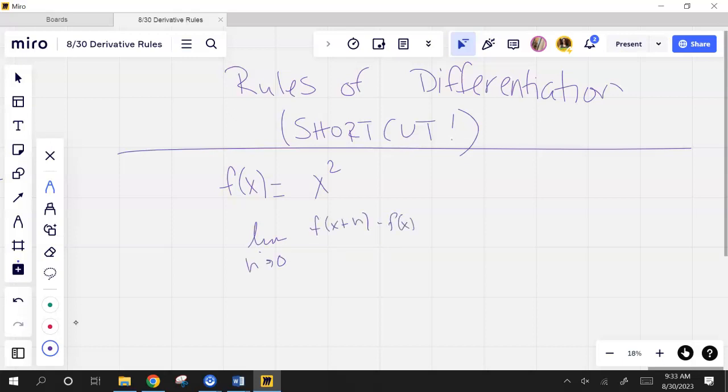You want to erase? Yeah, so you can see what happens.